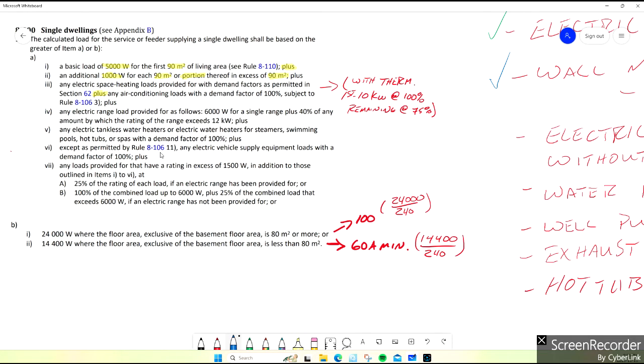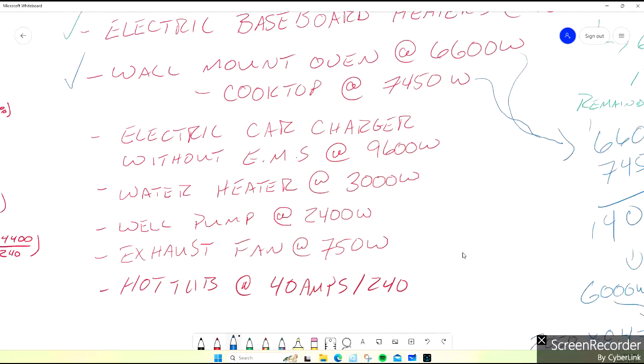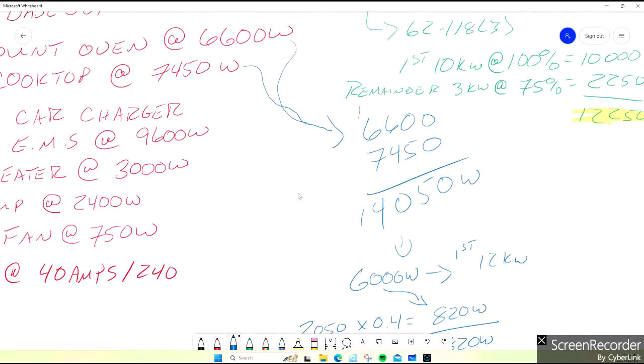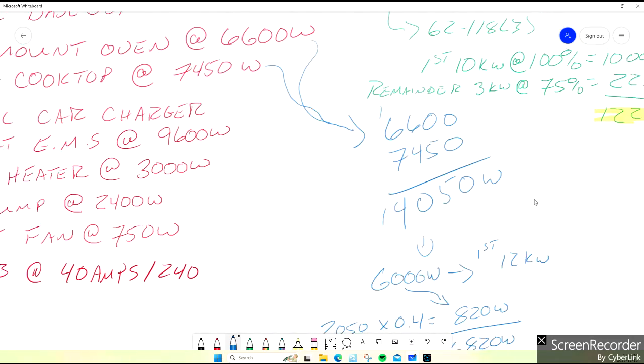I'm not going to bounce there, but that rule states that if you have an energy management system, then you don't have to include the load of the vehicle charger. But ours doesn't have one, right? So let's continue reading. Any electrical vehicle supply equipment load with a demand factor of 100%. So whatever that charger's rated at, that's what you include. So we're at 9,600 watts.